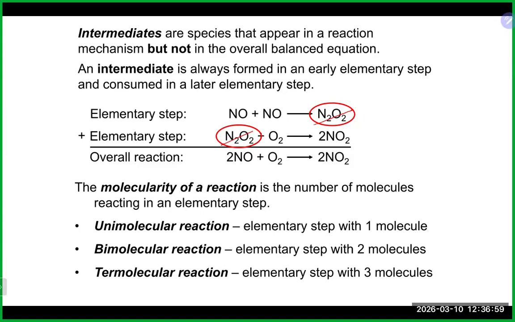One of the ways that we can describe these elementary steps is by being unimolecular, which means there's just one molecule reacting, bimolecular, which means there are two molecules reacting, or termolecular, which means there are three molecules reacting. Each of these would be bimolecular, as there are two molecules reacting in each of these steps.